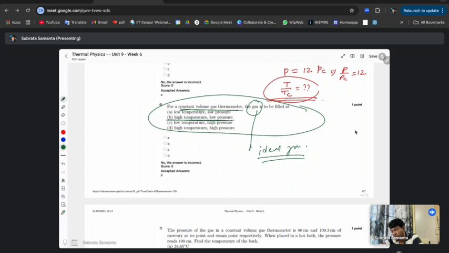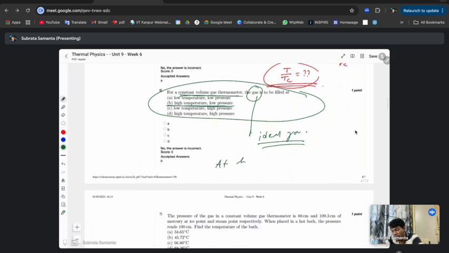Okay, so at high temperature and low pressure, a real gas behaves like an ideal gas, right?